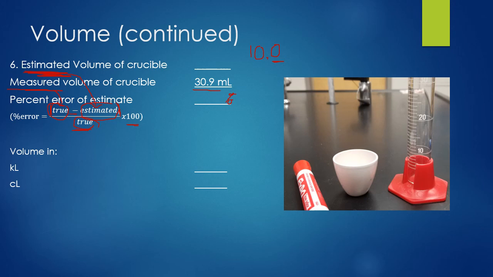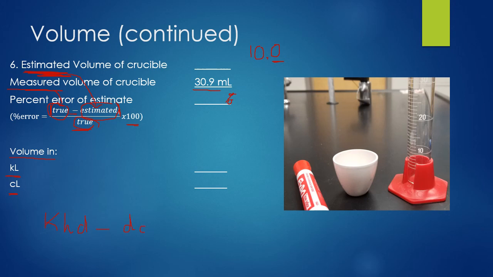Now down here, you see volume in, then you have KL and CL. What these are is kiloliters and centiliters. You may not have heard of these units before, but they're just metric units. So once again, you're just using that KHD space DCM.